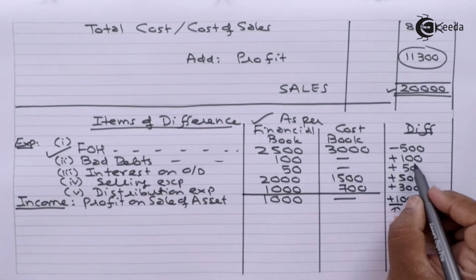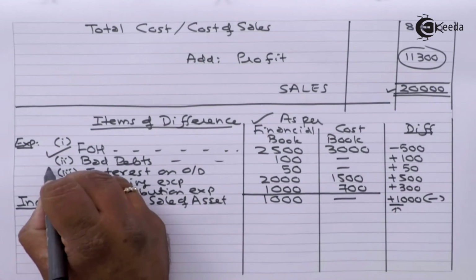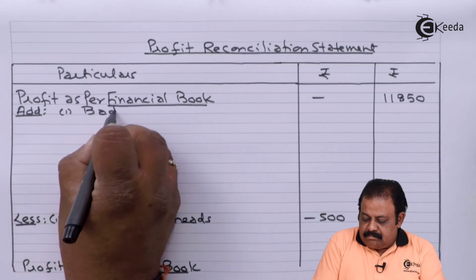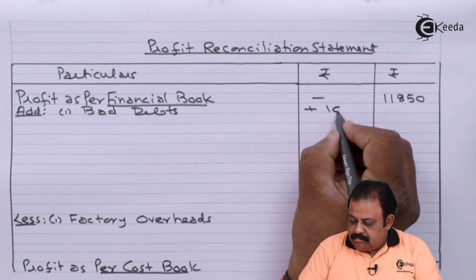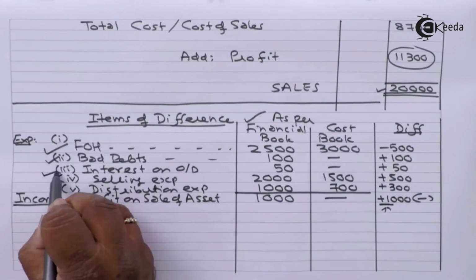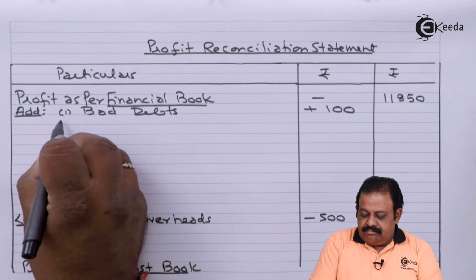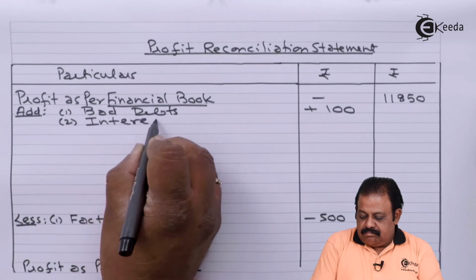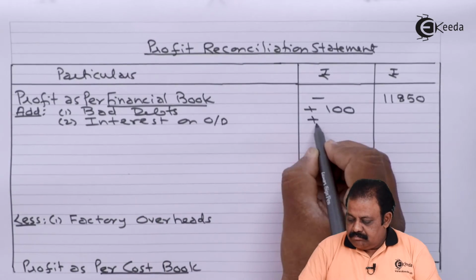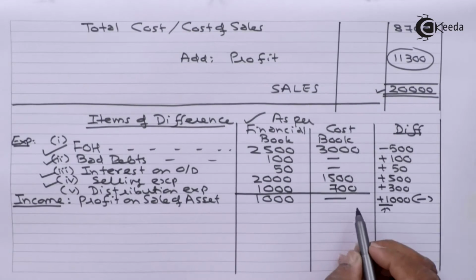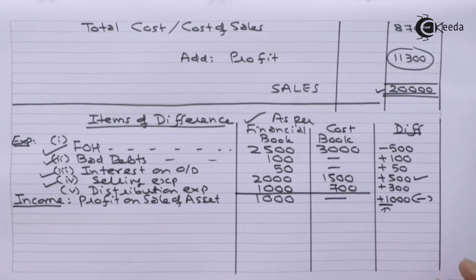Bad debts plus 100. Interest on overdraft plus 50. Selling expenses plus 500.